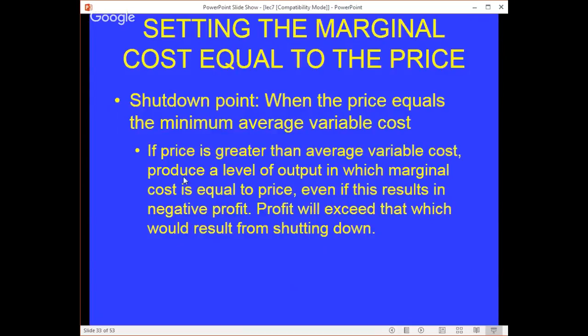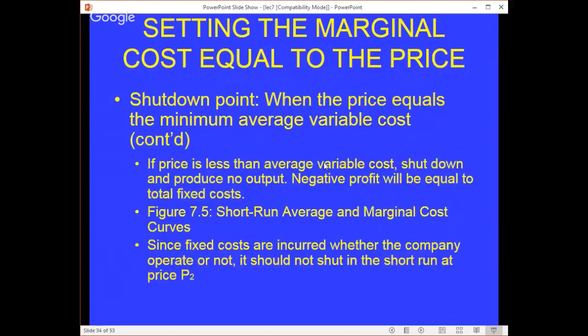At that point, you're still making a loss in the short run, but you're at least covering your fixed costs. So if price is greater than average variable costs, I produce a level of output in which marginal cost is equal to price, even if this results in negative profit. Profits will exceed that which results from shutting down.